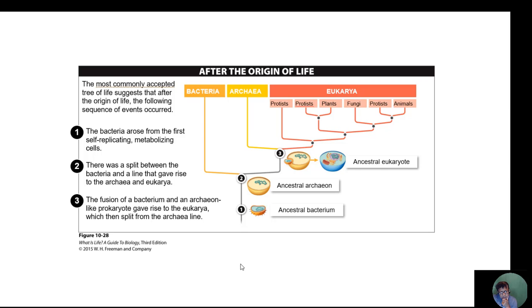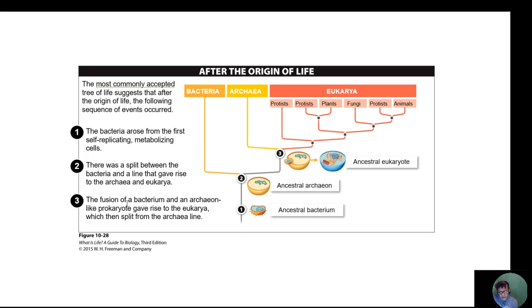So when we take a look at this concept of after the origin of life, whatever happened that we ended up with this ancestral bacterium, the most commonly accepted tree of life suggests that after the origin of life, the following sequence of events possibly occurred. The bacteria arose from the first self-replicating, metabolizing cells. Then there was this split between the bacteria and a line that gave rise to the archaea and the eukarya.